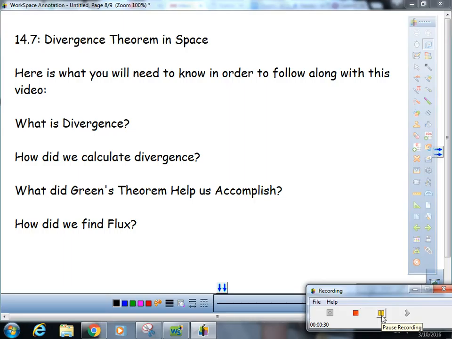If you can remember the analogy we used back in those videos, we said that if the divergence was 0, the shapes were just moving along the plane. If the divergence was positive, the vectors or the shapes were expanding at that point, and if the divergence was negative, the vectors were contracting or being squished.